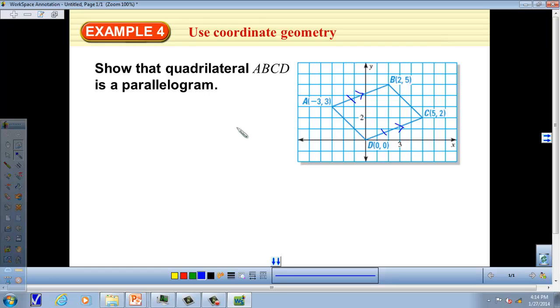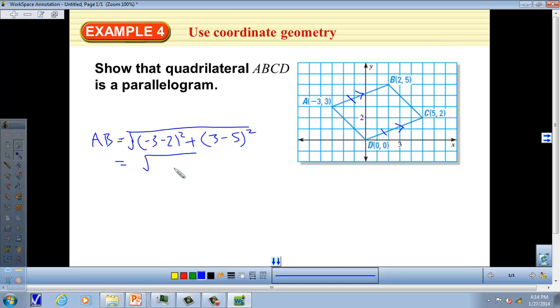In this case, what I'd want to do is first use the distance formula to figure out what AB is. The points here are (2, 5) and (-3, 2). So I'm going to do (-3 - 2) squared plus (3 - 5) squared.